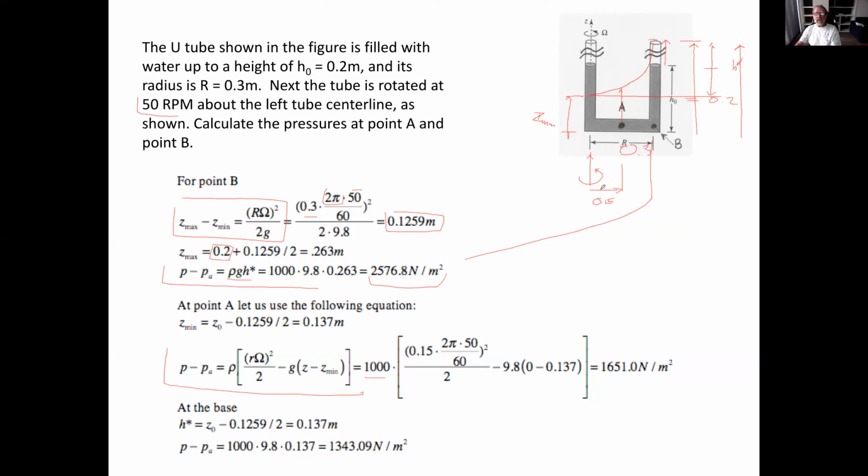We take the radius at that point, point A, which is only 1/2, 0.15. This is the rotation. And then Z is actually 0 because we are at the bottom. And then Z minimum, we just calculated right here. So we plug in these numbers and here you go. So at the base, what is the pressure there?